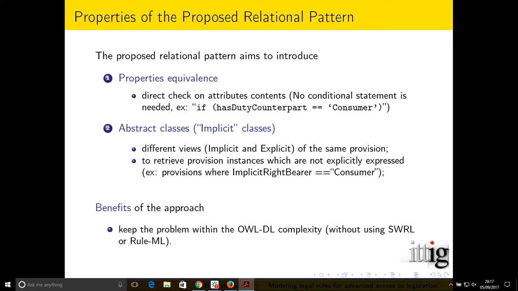So this pattern, which can be repeated for every type of relationship of the Hohfeldian squares that you have seen before, has several properties. For example, when you express a query, you don't need to express it in terms of a conditional statement, for example, "if has duty counterpart is consumer, then give me back his duty."